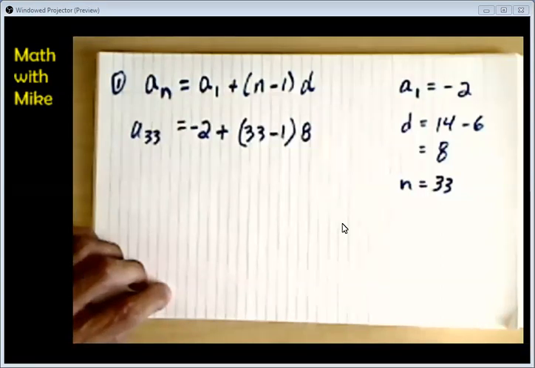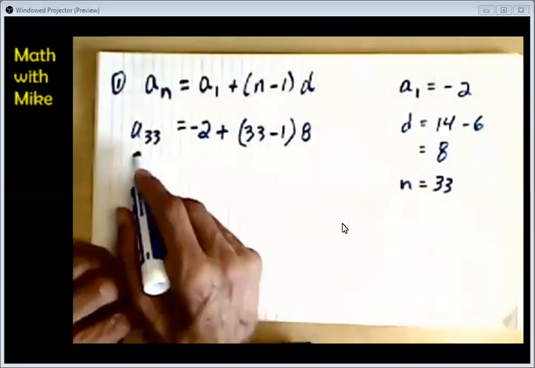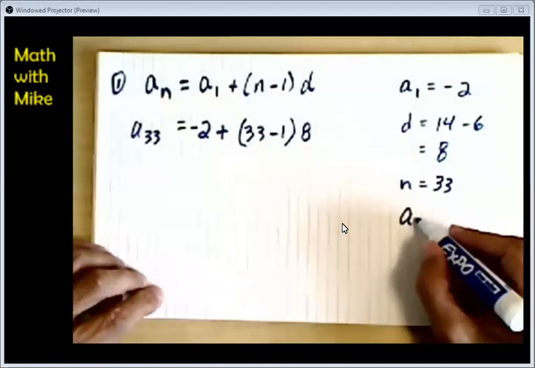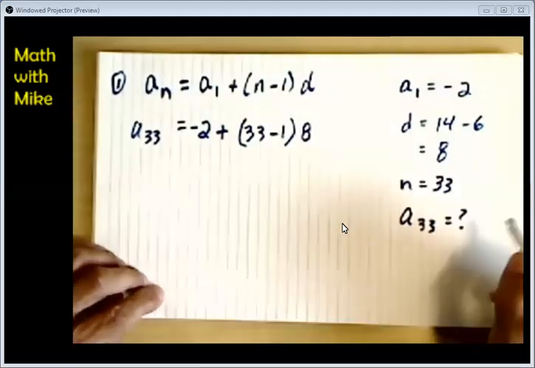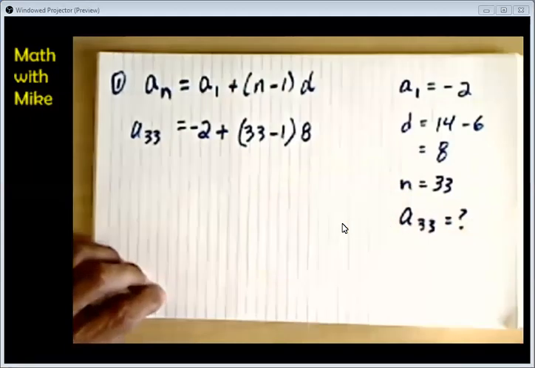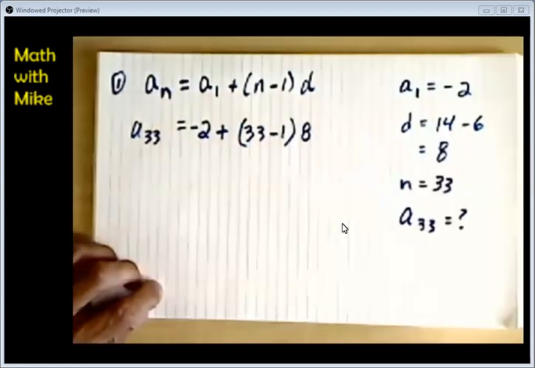Okay, so what would come next if we're solving for A33? Oh yeah, put what we're solving for in our list here as well. A33 question mark. It's a nice organization that way. The work is here. What we know is off to the side like that.